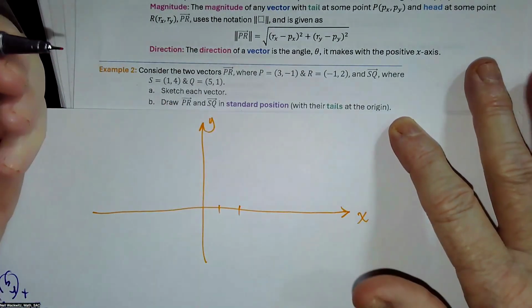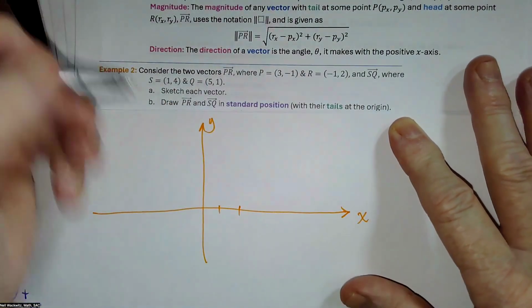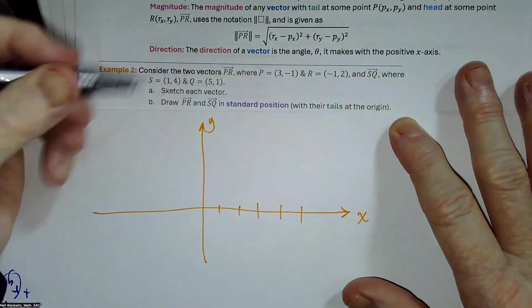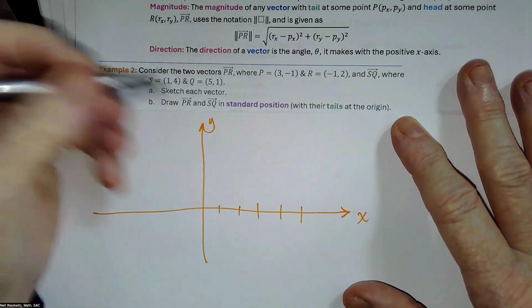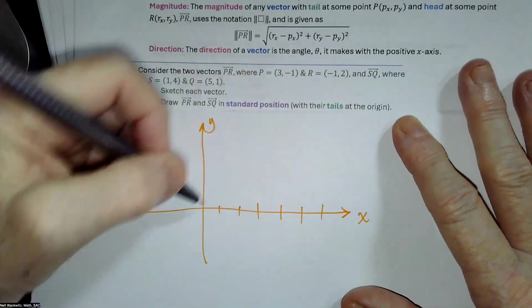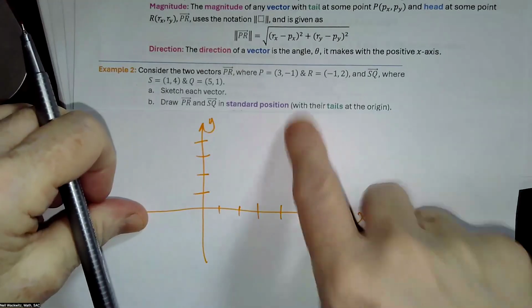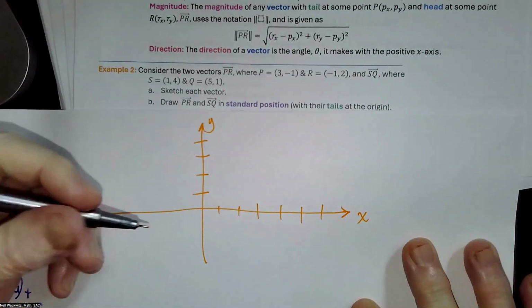What's the largest X? X is 4. And the largest Y is 5. Oh, no, backward. And the smallest looks like -1.